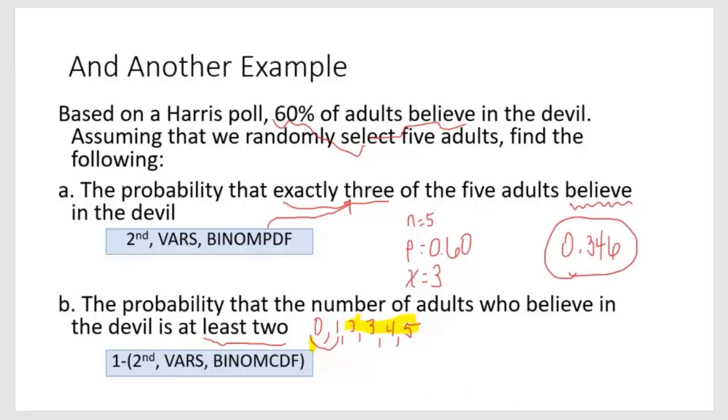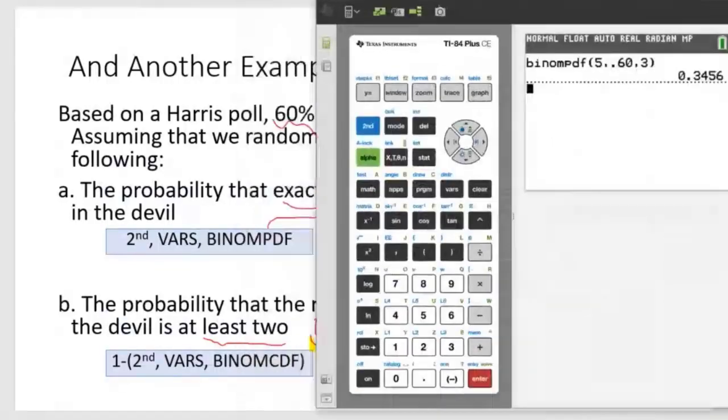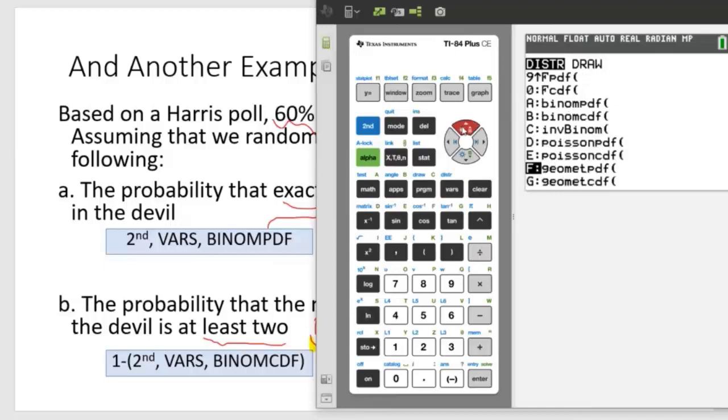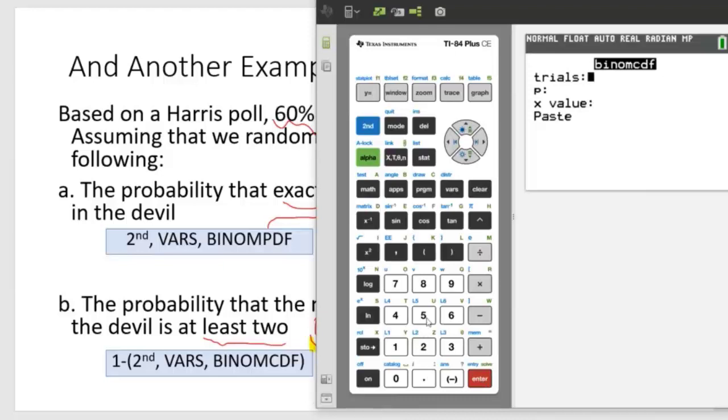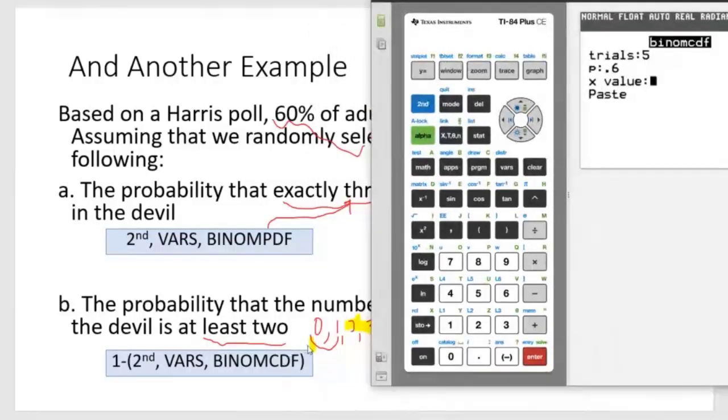What about the probability of at least 2? Well, you can do just the CDF, but you can go ahead and then do 1 minus that answer. That's what I did before. Or you can do 1 minus, because I know I want the complement, the other part of a cumulative, because I wanted to add it up. 5 trials, 60% chance that they do believe, and at least 2 means I don't want 0 or 1, and you can see that again down here.